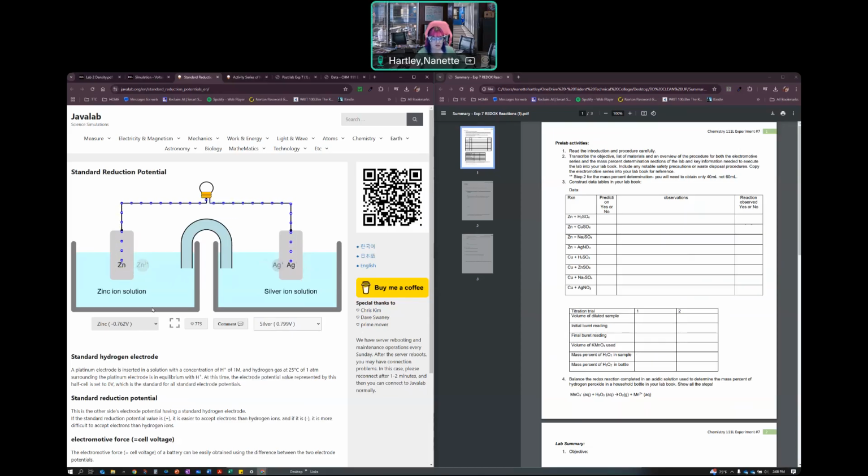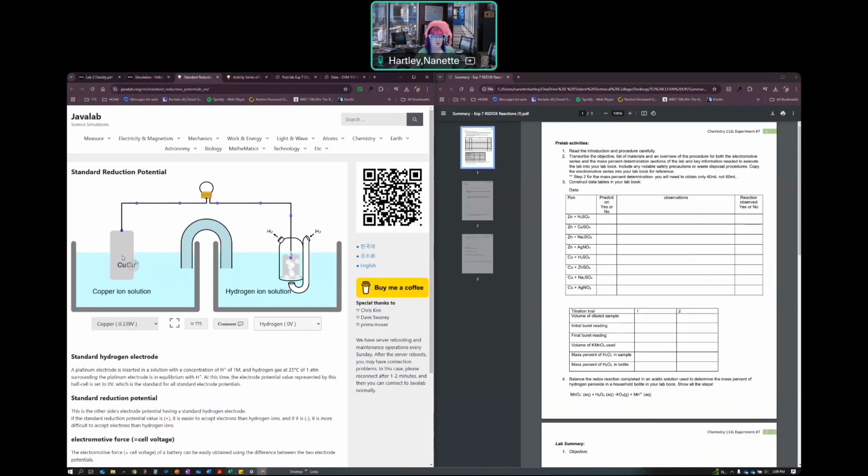And I can also change this to copper, and then I can look at copper with hydrogen. I can see what happens when I do that. I can make those changes and see what happens.